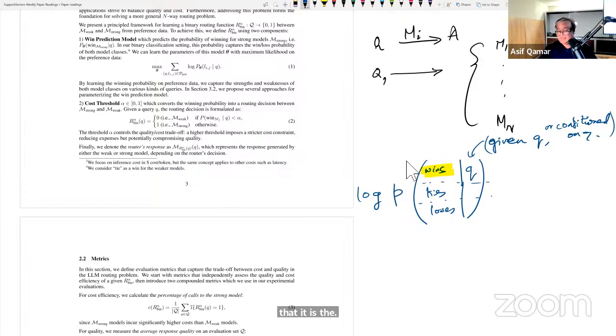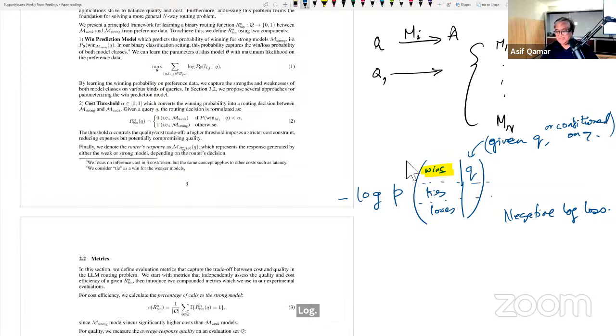Because if it said 1, it would be 0. On the other hand, if it said 0.1, the loss would be quite high, isn't it? Right? In fact, many of you remember this as negative log loss, right?